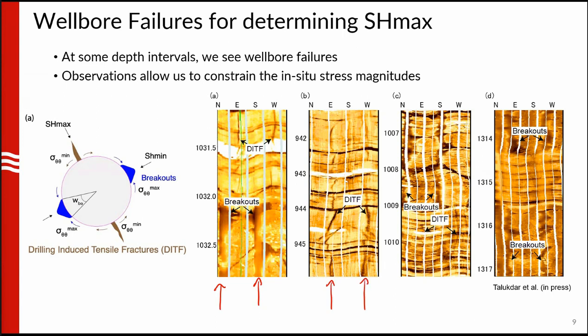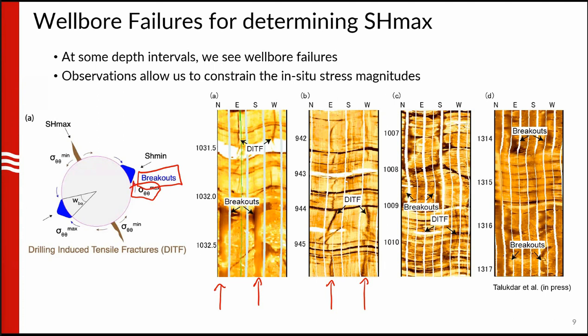Tensile fractures are these narrow hairline features that appear. What we'll focus on today is, of course, breakouts, because we're talking about thermal breakouts technology. And whether this happens or not, the important thing to realize is that whether we get these breakouts is up to how your stress on the borehole exceeds the rock strength.